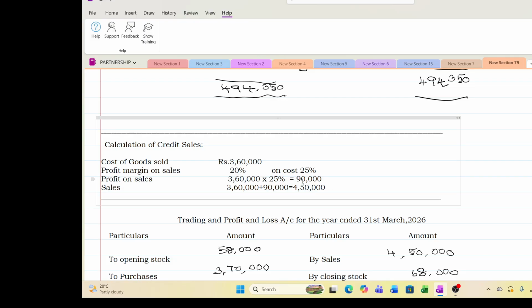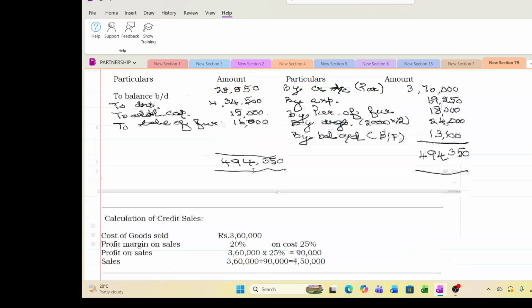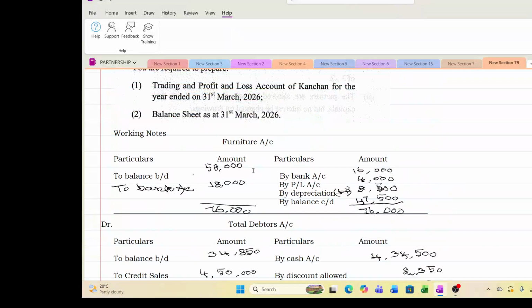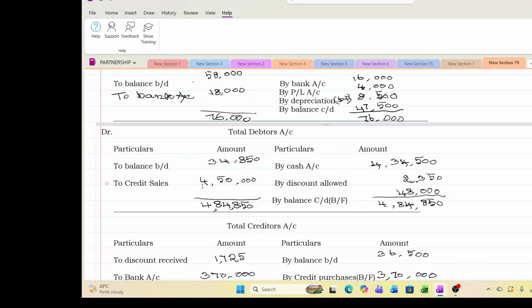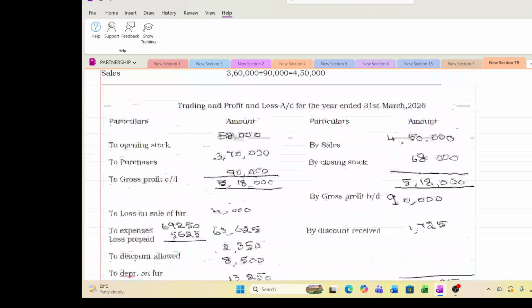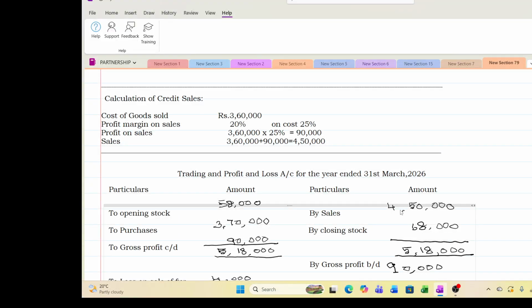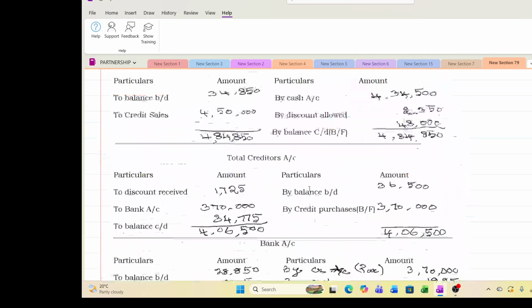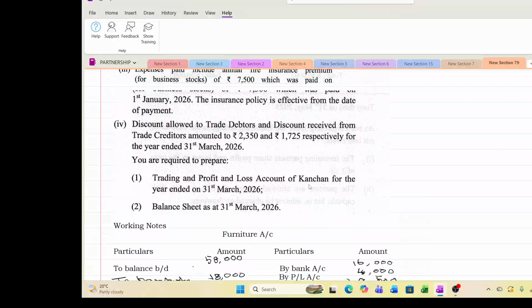So, we got the sales figure. Now immediately we have to record the sales in our debtor account to credit sales 4,50,000 in one place, and again in our trading account on the credit side by sales 4,50,000.